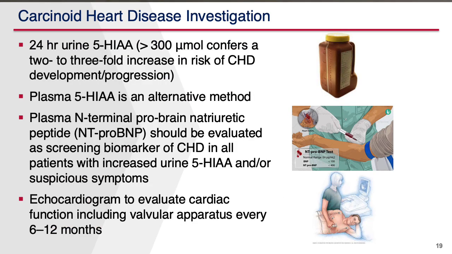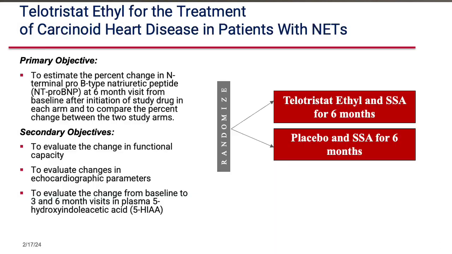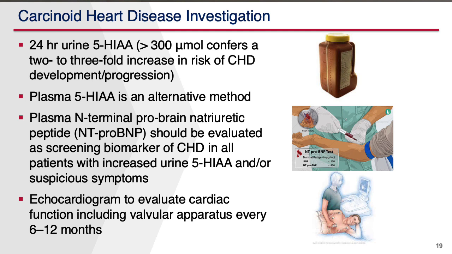But how can we prevent that? That's one of the things in terms of the management of neuroendocrine tumors and how we can detect it earlier, so it is always important to measure the 5-HIAA. We still don't know the best number associated with the highest risk of carcinoid heart disease, but from most of what we know, if you have levels greater than 300, then it's important to start the process of screening for carcinoid heart disease. And that's where we obtain a 24-hour urine.